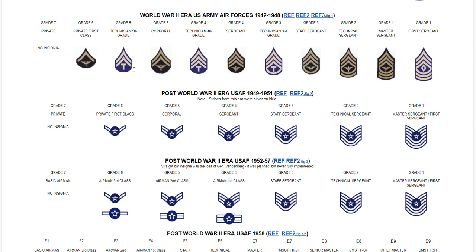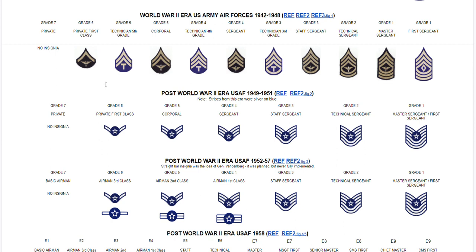The corporal would be an actual someone with authority, right? A non-commissioned officer. The technicians were exactly that. They were technical or specialists, and they didn't usually have any command authority except over other lower-ranking technicians. Although a technician 5 would not be bossed around by a private first class, right?